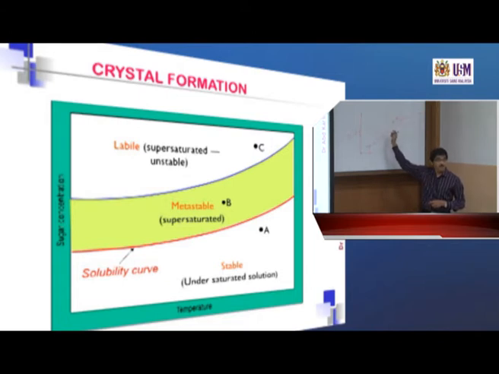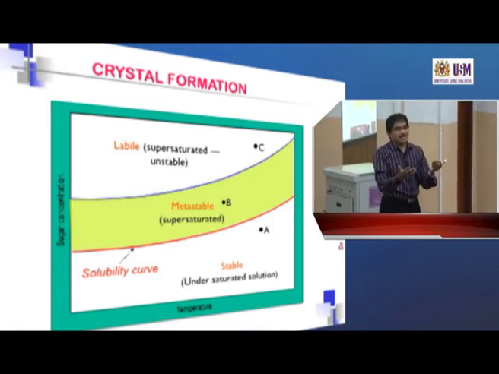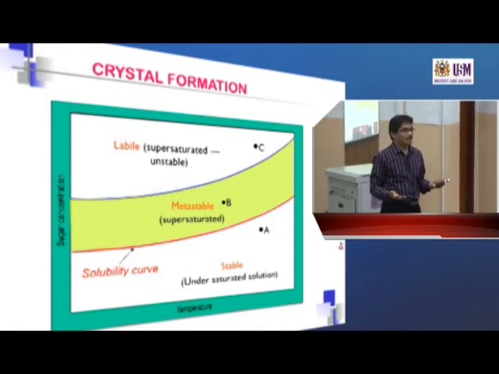The solution is in equilibrium. Any point below the curve, let's say here, here, here, even here, the solution is in the undersaturated state. And you cannot start a crystallization process.